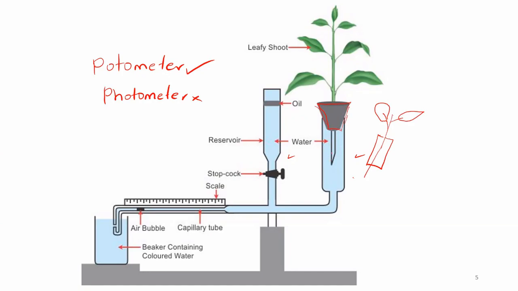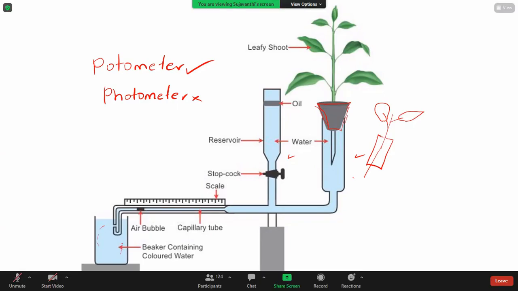Afterward, we place the beaker with the water. If we use colored water, that is good, and we can get more accurate readings.